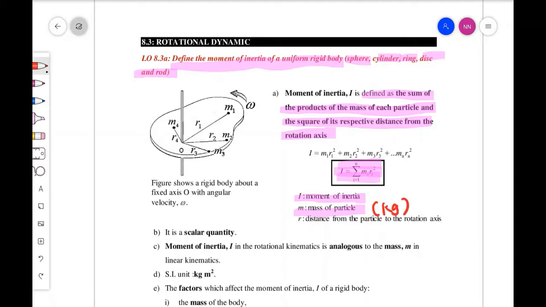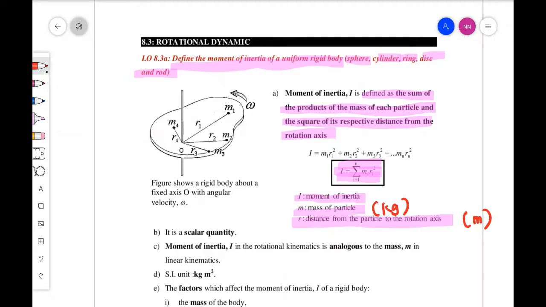And then r is distance from the particle to the rotation axis, dan yang ni mestilah dalam unit meter. So I equals mr squared ni adalah general formula, kita boleh pakai untuk partikel.